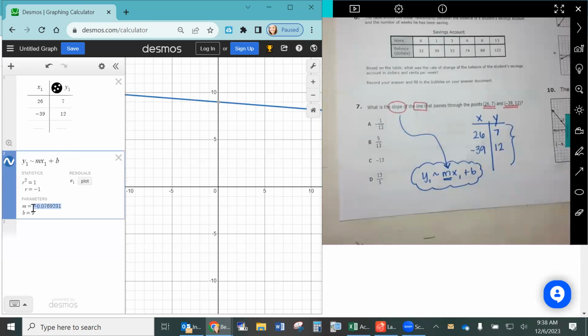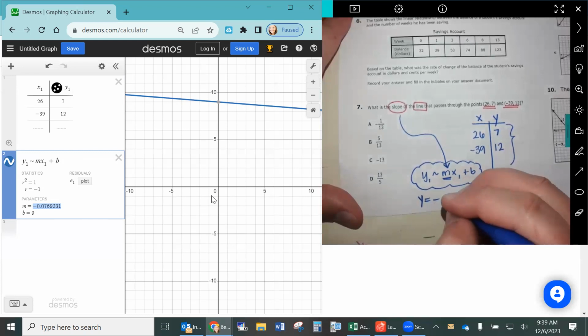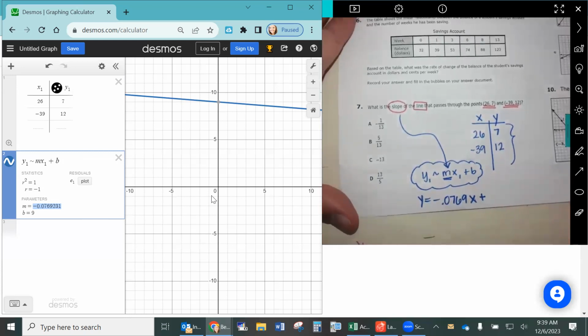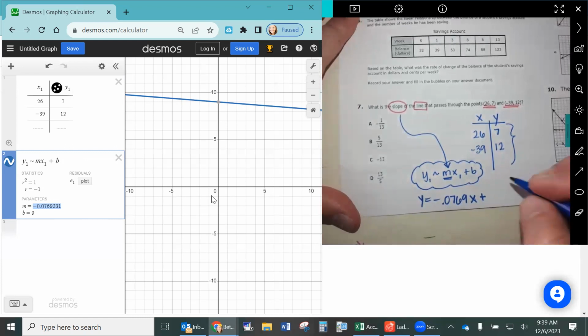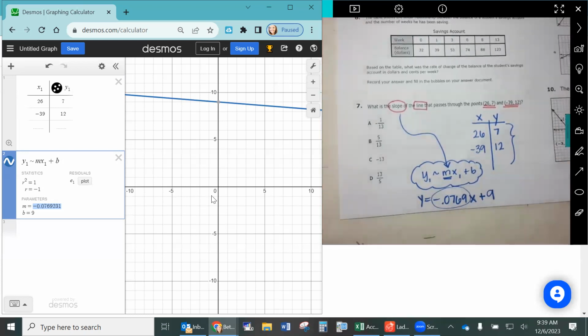And I see my M right here is negative 0.0769, and then it tells me that my B is a 9. So that's my equation. But remember, specifically, I'm looking for the slope, which is this answer.